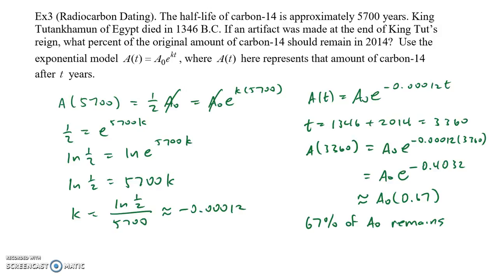So the amount of carbon-14 remaining in an artifact from the reign of King Tut should be, at the present time, approximately 67%.